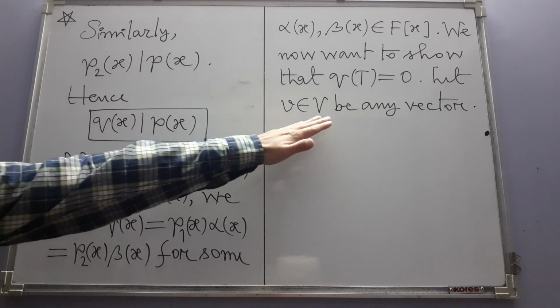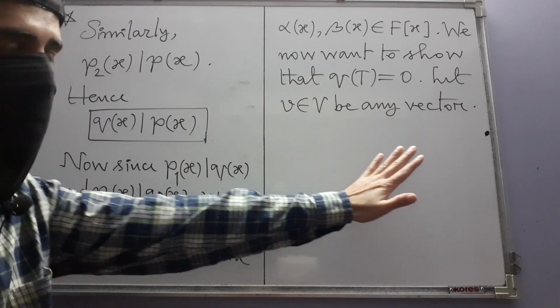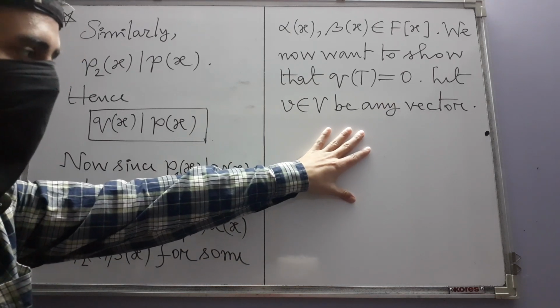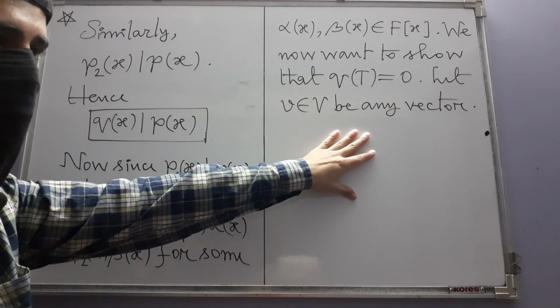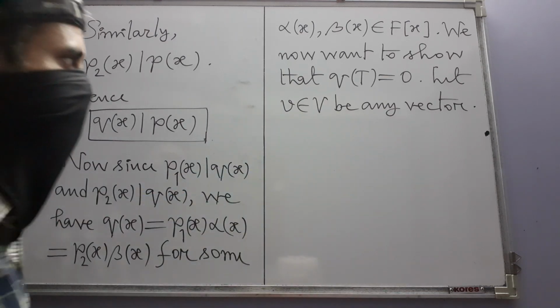Now we are going to use the fact that V is the sum of V1 and V2, not direct sum, and we have to be careful that nowhere we accidentally use uniqueness or anything like that.